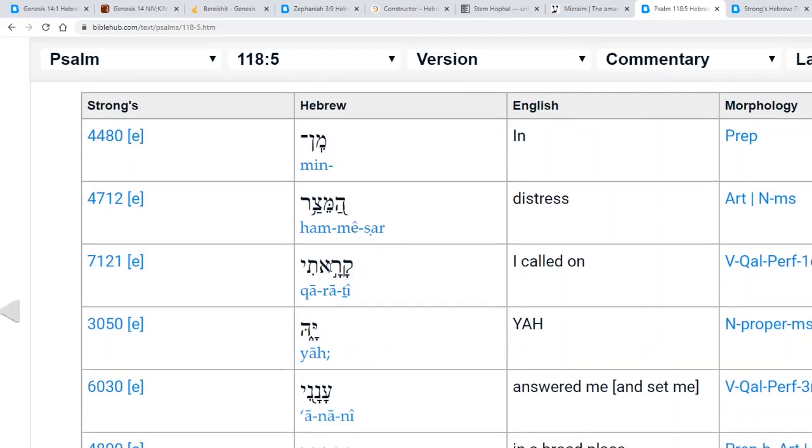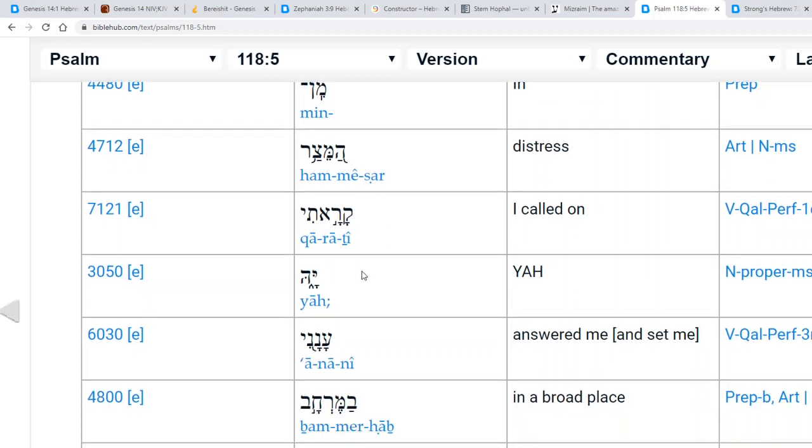Karati, right? The root is qof resh aleph, to call. We've had it many times. The tav and the yud put it in the perfect, first person singular. Karati, I called, right? Ka is one of the names of God. It is an abbreviation of the Tetragrammaton, two of the four letters.